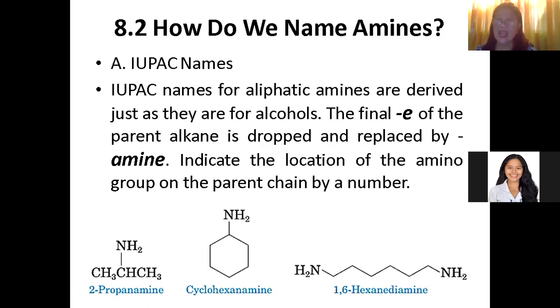That is diamine. You place where is your diamine. It is 1,6-hexanediamine. Dili na mo largo hexanamine, because there is already two amines. Okay, that is how you are going to name the amines.